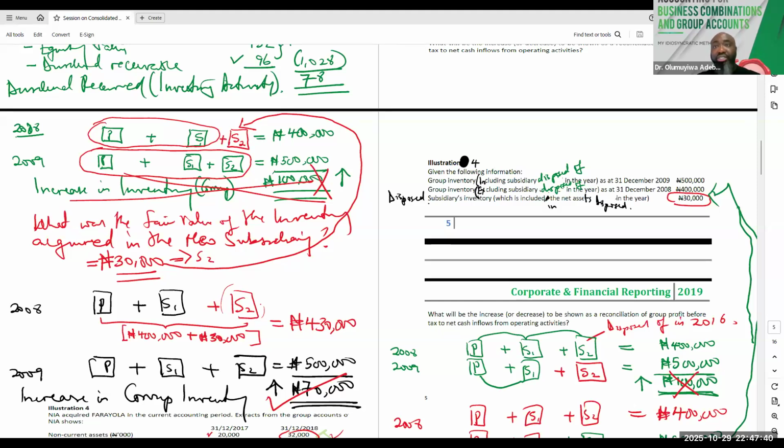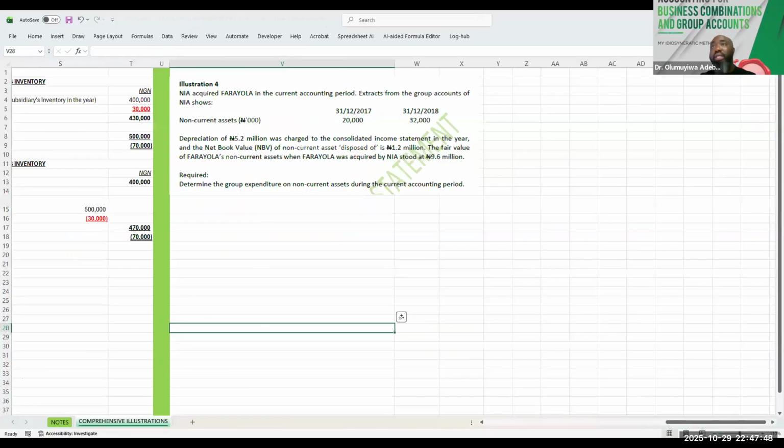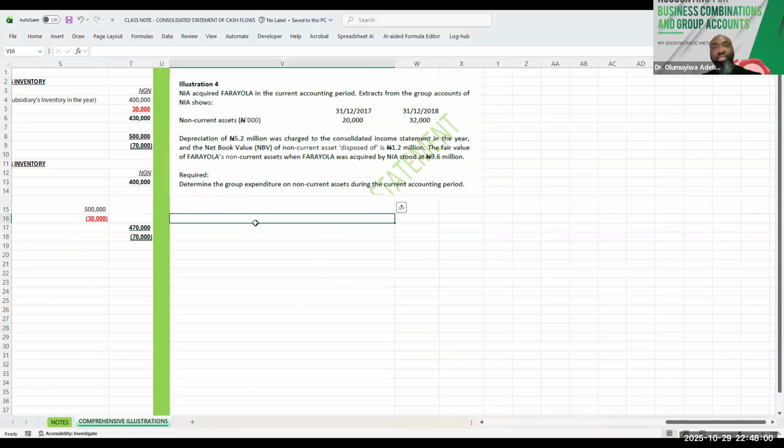Now I believe you can see my spreadsheet. Now, what should I do? I'll do the same thing here, which is I need to determine my PPE.